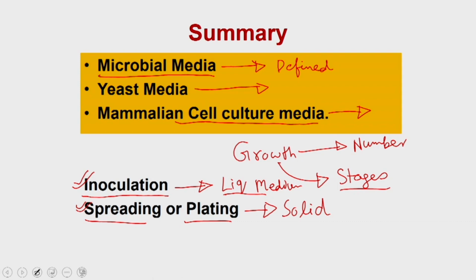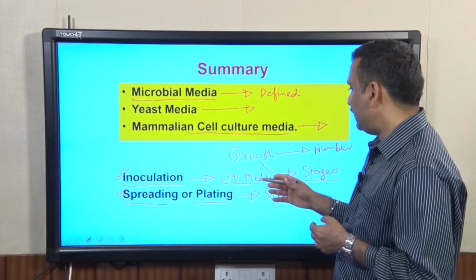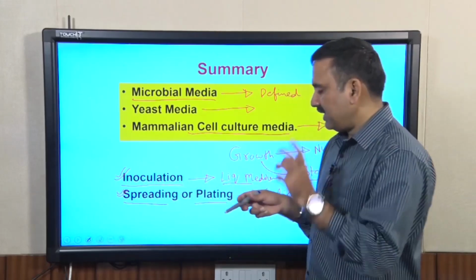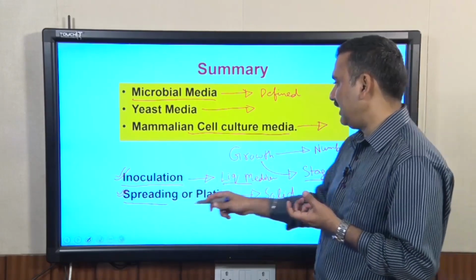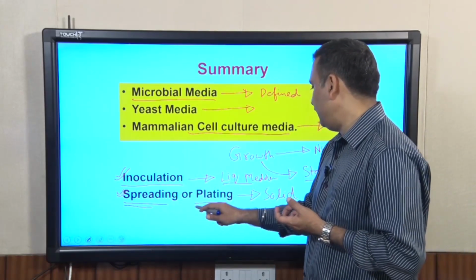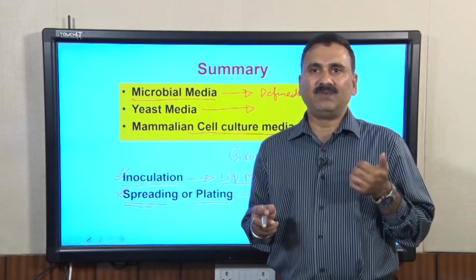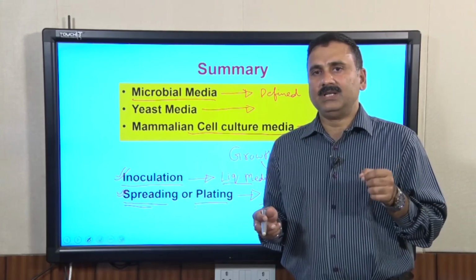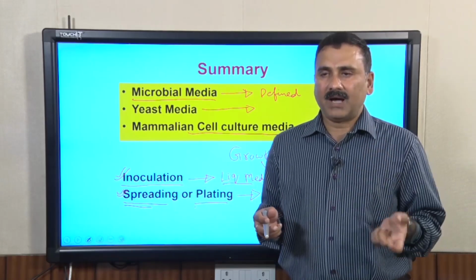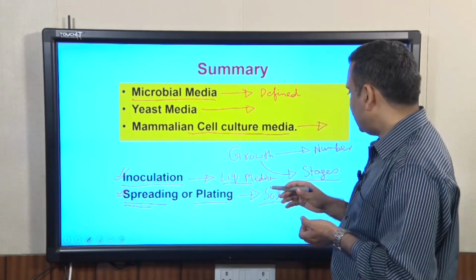For example, when you inoculate in liquid media, you would like to grow the bacteria in a very large number, whereas sometimes when you would like to isolate a particular type of bacteria, you take a mixture of bacteria and spread it onto a solid media. If you remember, in our previous lecture we discussed that to make a solid media, you can add a gelling agent such as agar into the media, and that will give you the solid media.